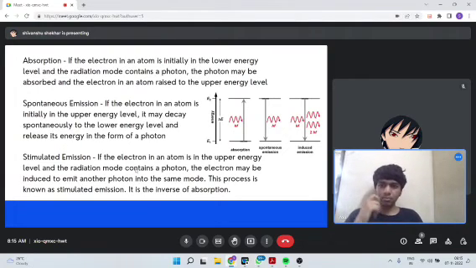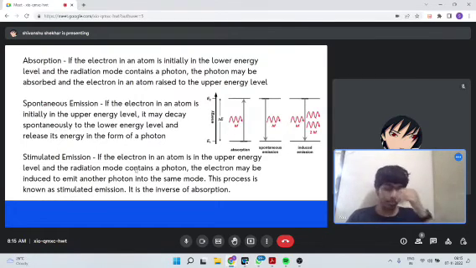So an electron in a higher energy level will decay spontaneously to the lower level because it is more stable, releasing energy in the form of a photon. This has applications in many cases, such as semiconductor optics, where by releasing energy and coming to a more stable state, the energy comes out in the form of photons which can be used as light for different purposes.